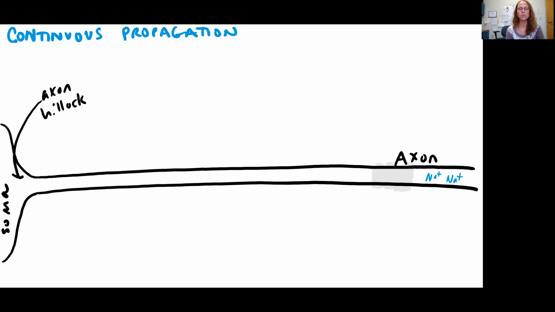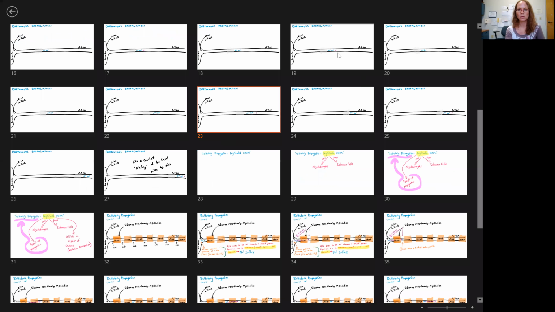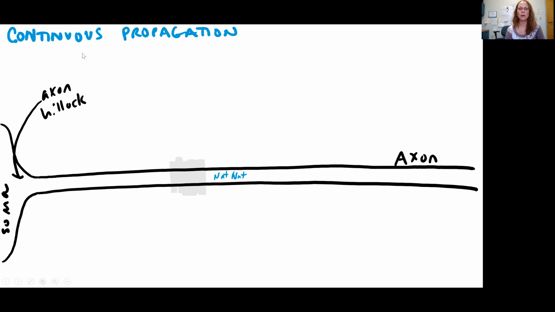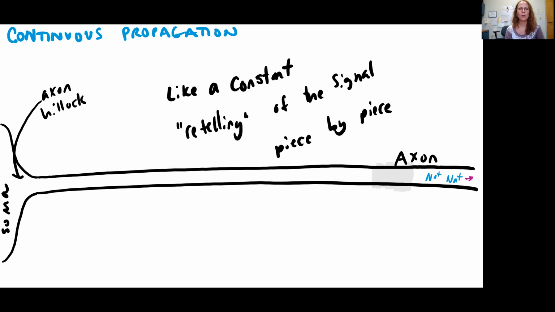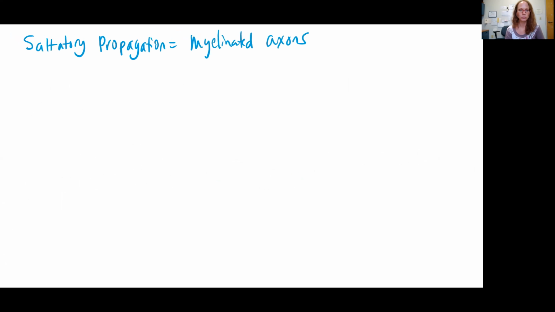Now notice with continuous propagation, I'm taking it backwards here. That might be a bad choice. Let me go back to maybe this picture. Notice with your continuous propagation, it's the whole length, every single piece. So clearly kind of slow. And again, it's like that constant retelling. So that's why you have this term propagation instead of really travel.